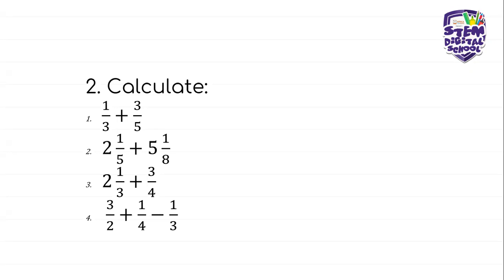Remember, once again, as I said when I started, there are learners who still make the mistake of adding the numerators and thereafter adding the denominators. For instance, if you are given 1 over 3 plus 3 over 5, the learner will add 1 and 3 to get 4, and then 3 and 5 to get 8.